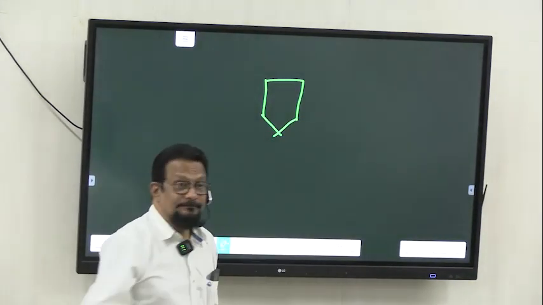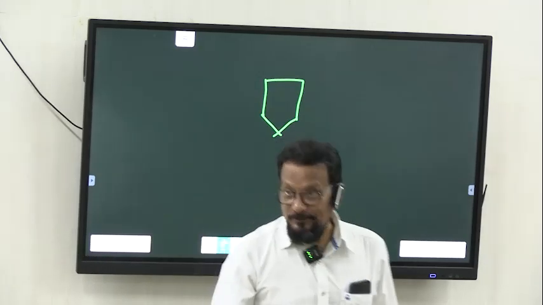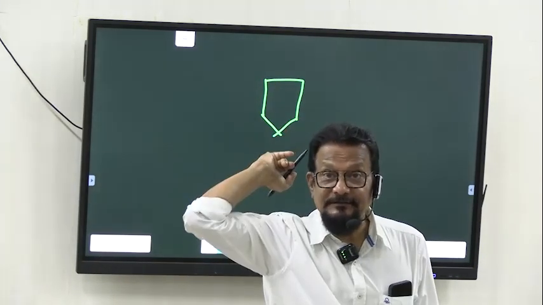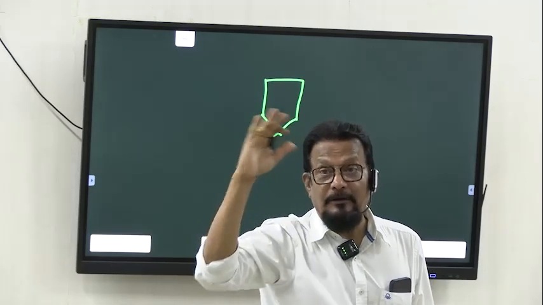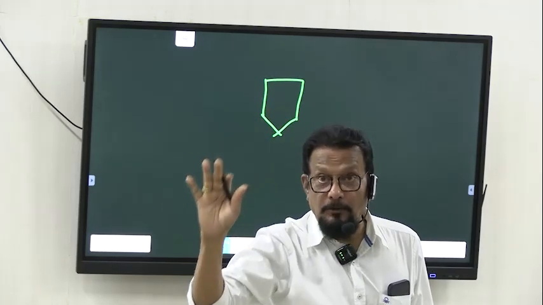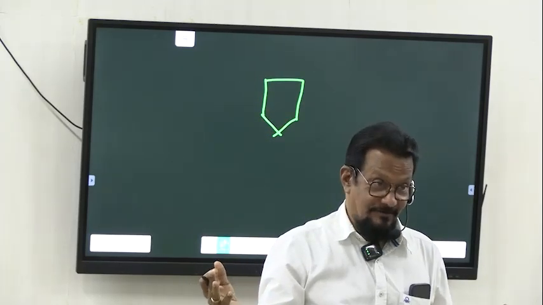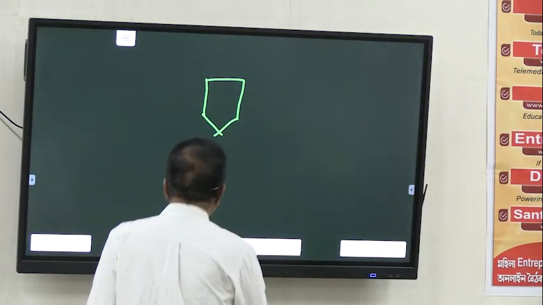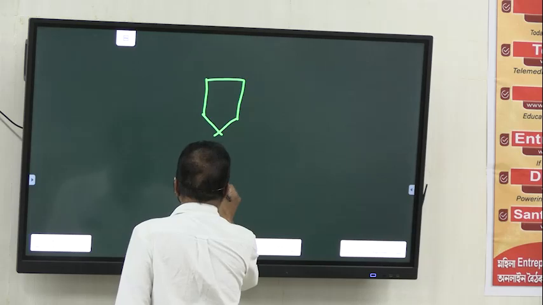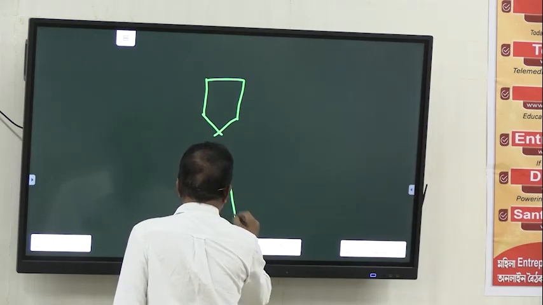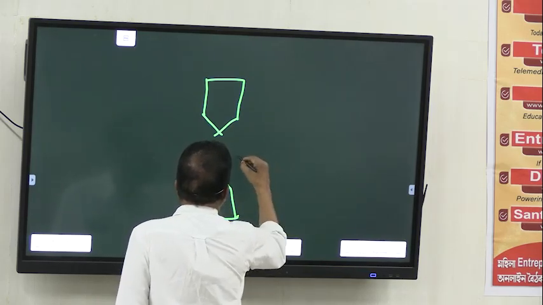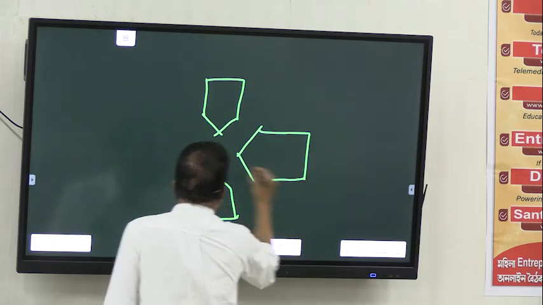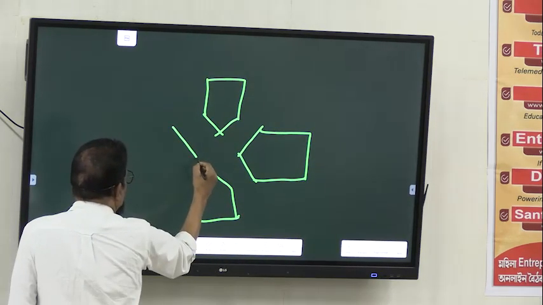What is this ring? Pyrrole. What is this ring? How many pyrrole rings are there in hemoglobin? 4. I will not go into detail.